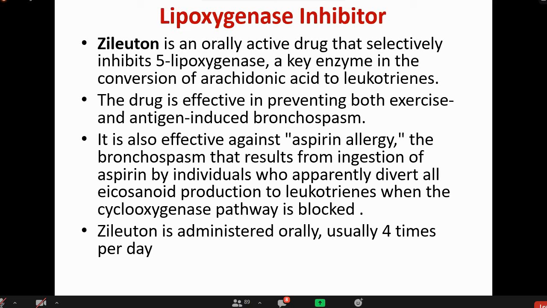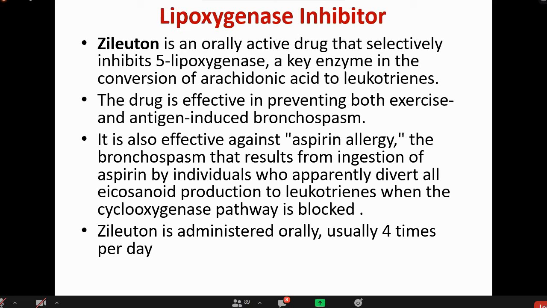Only one example, zileuton, is an orally active drug that selectively inhibits the 5-lipo-oxygenase enzyme, which is a key enzyme in the conversion of arachidonic acid to leukotrienes.